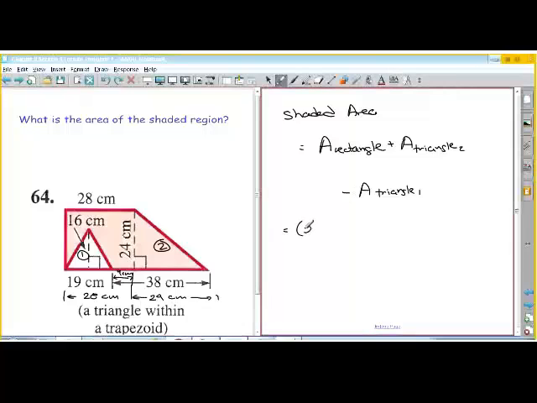So let's just plug the numbers in. The area of the big rectangle is 28 centimeters times 24 centimeters. The area of this triangle is going to be 1/2 the base, which is this distance, 29 centimeters, times the height, which is 24 centimeters. And then I'm going to subtract the area of the small triangle, which is 1/2 the base, which is 19, times the height, which is given as 16.